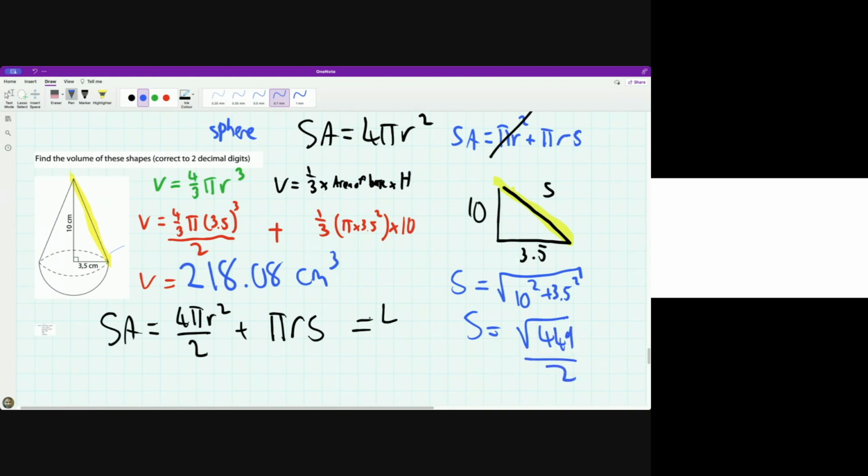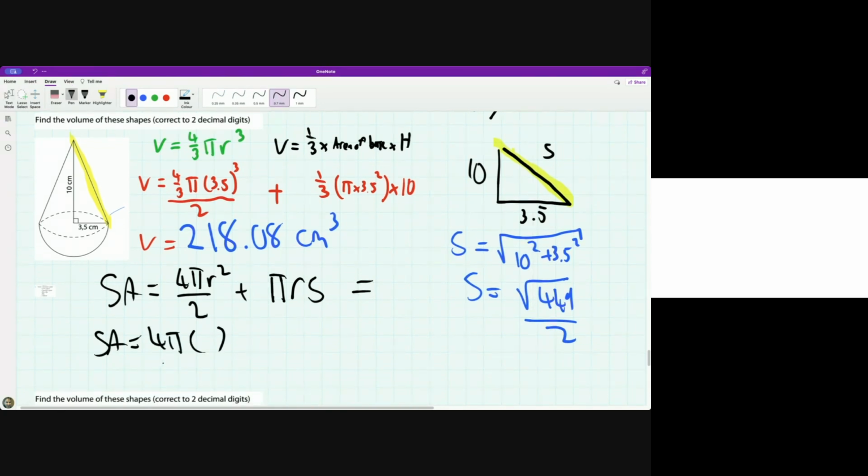I'm just going to leave it like that. Then I'm going to sub in to this 4 pi, leave a space for the r, over 2 plus pi times that times that. The r is 3.5. And this bit here is going to be square root 449 over 2.